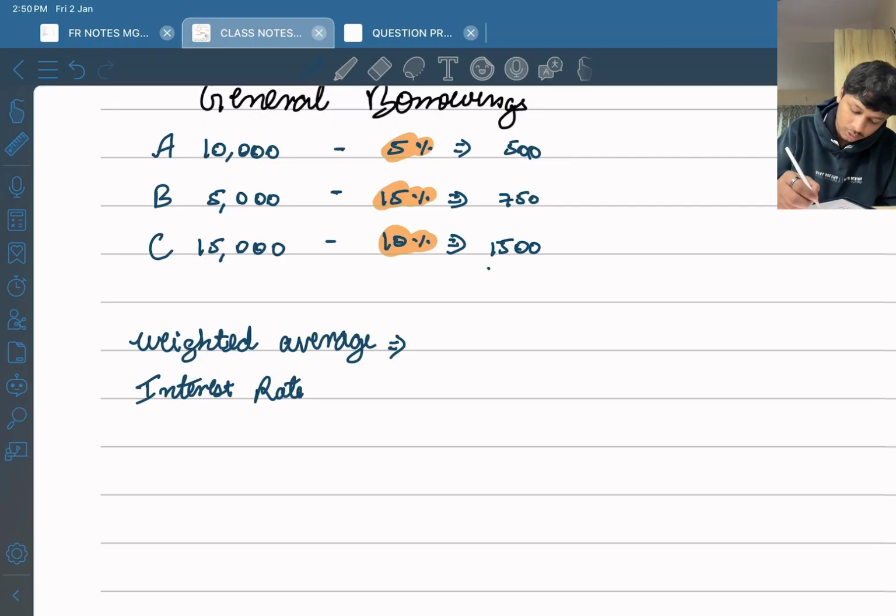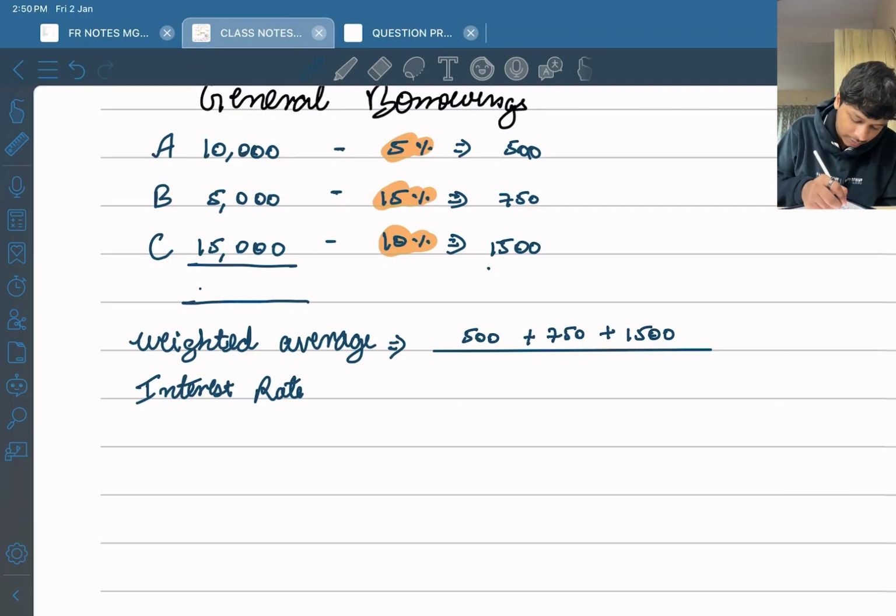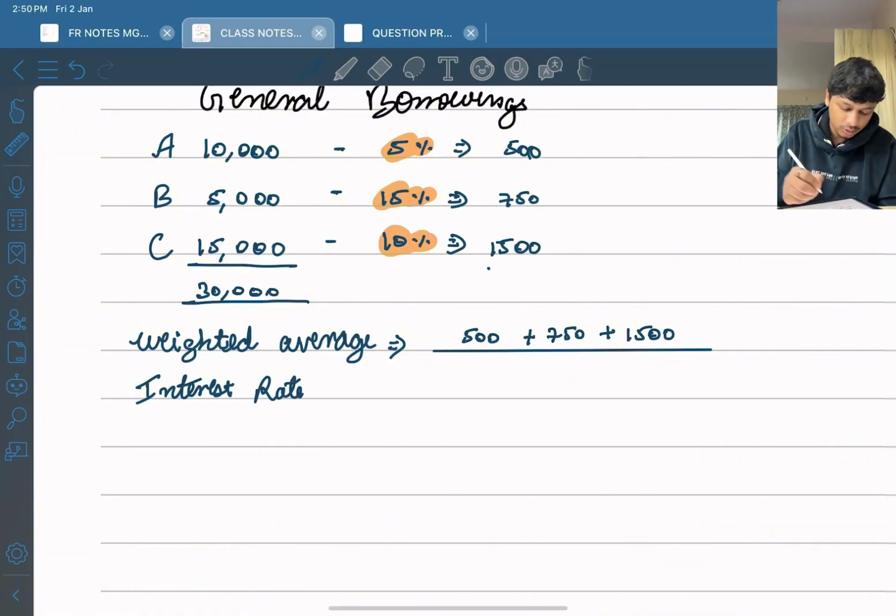So we will write here 500, here 750, and here 1500. We will add all of them and divide by the total value of the borrowings. In the denominator, the total value is 30,000.